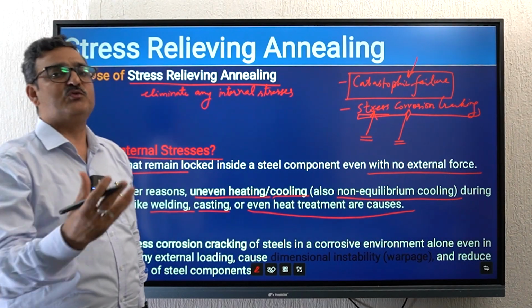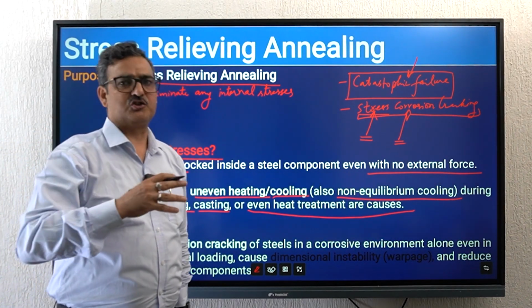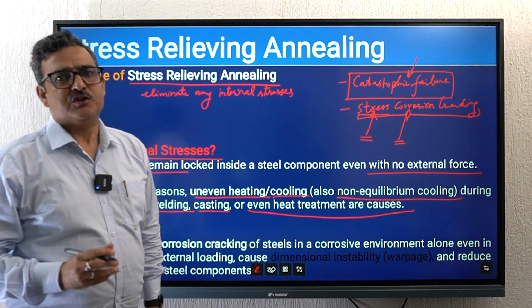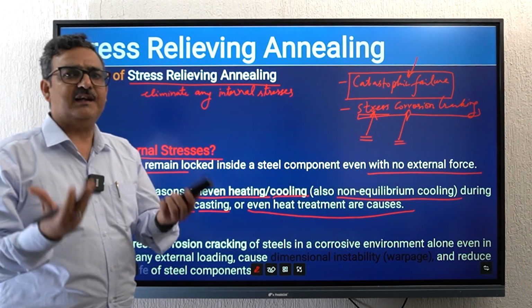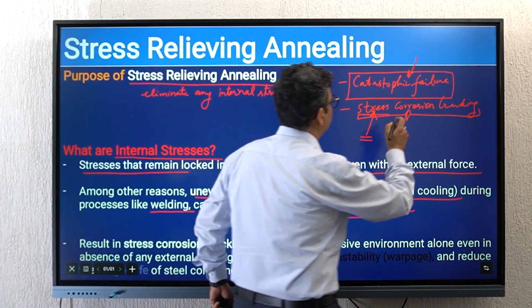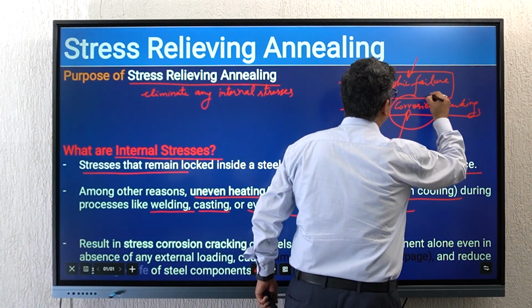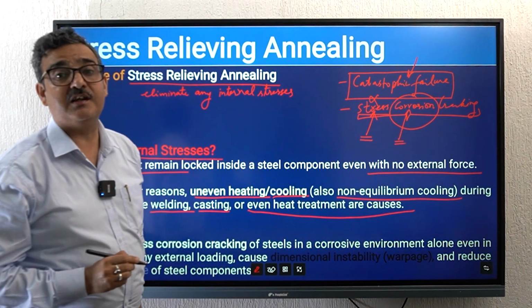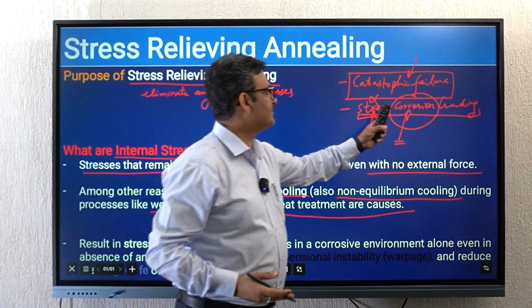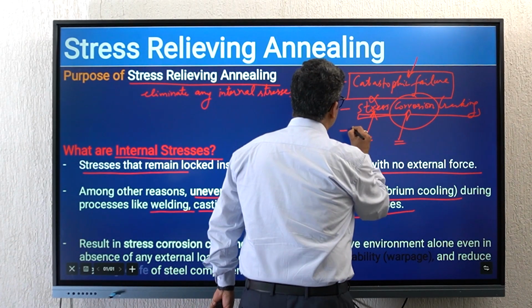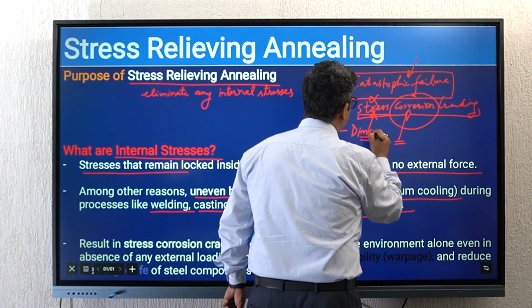But suppose you have a component that already contains internal or residual stresses. Just when it is placed in a corrosive environment, without any external load or stress being applied, the material might fail because of stress corrosion cracking, right? Then there is something called dimensional stability.